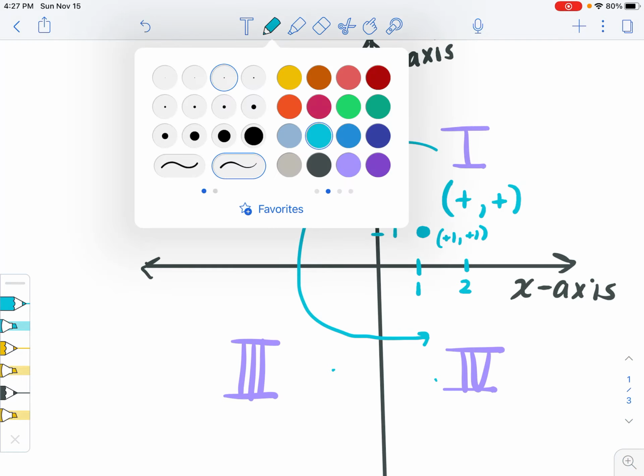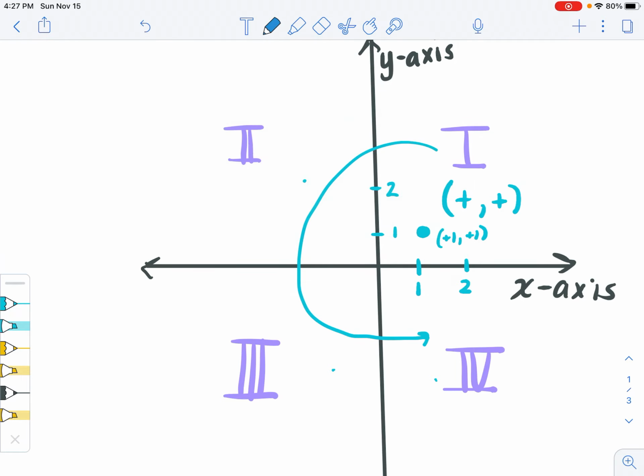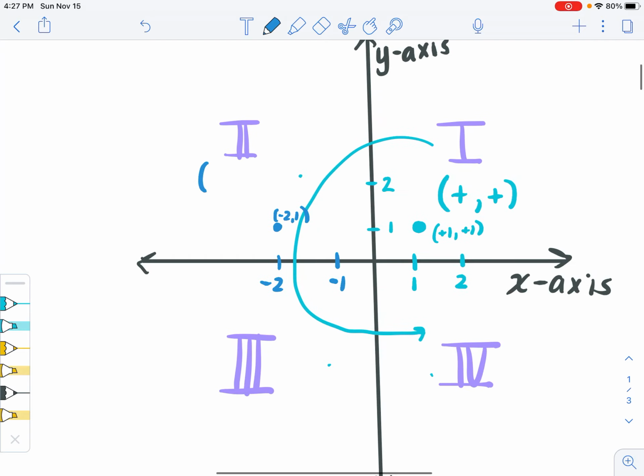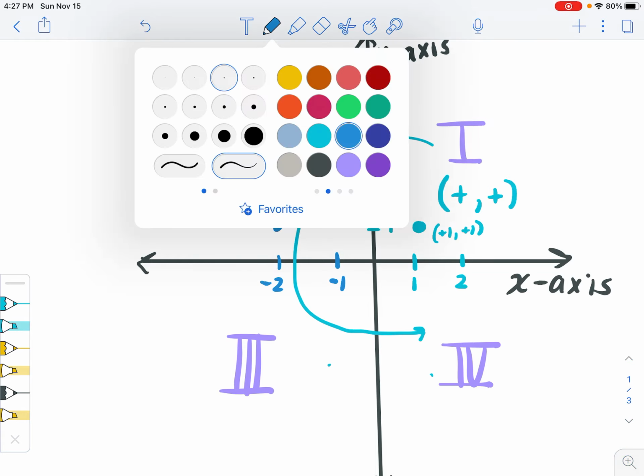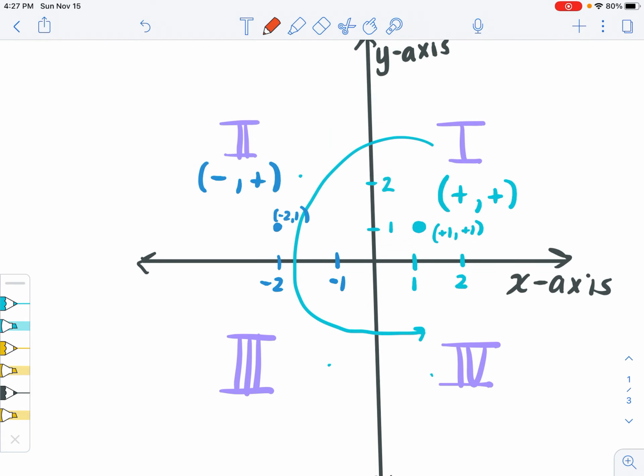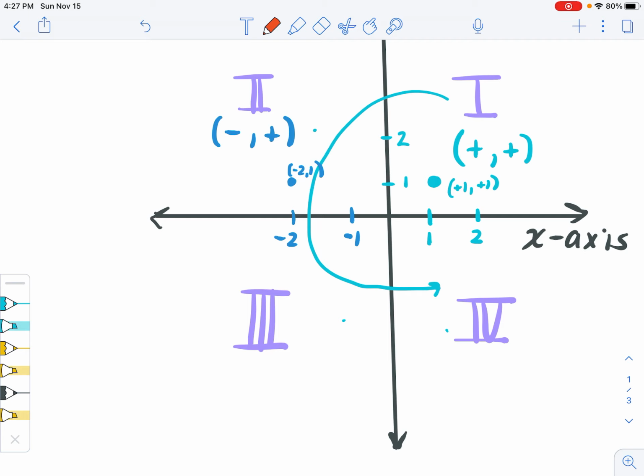Now, quadrant 2 is when we have a negative x value, for example (-2, 1). So all of our numbers in quadrant 2 are negative x and then positive y values. And this continues on. Quadrant 3 is a negative x value and a negative y value. I'm going to add some numbers down here.